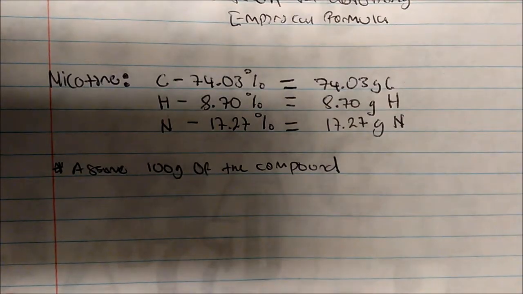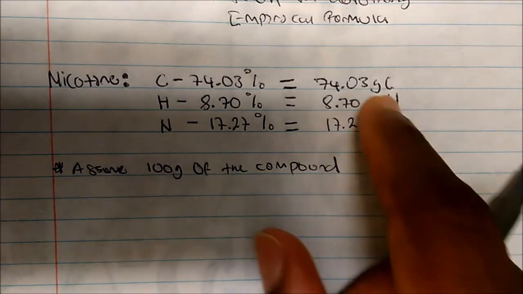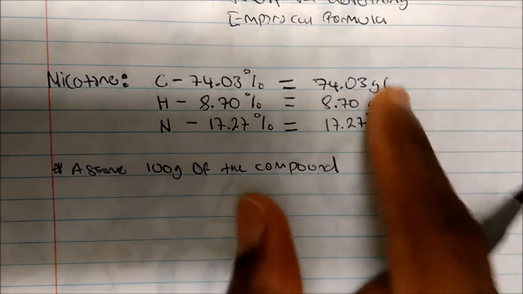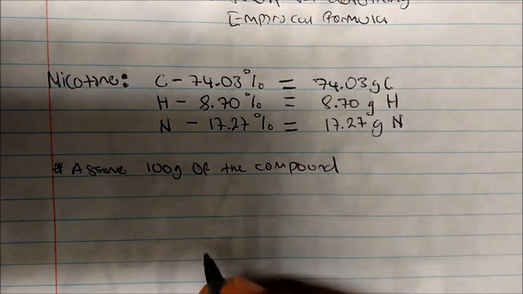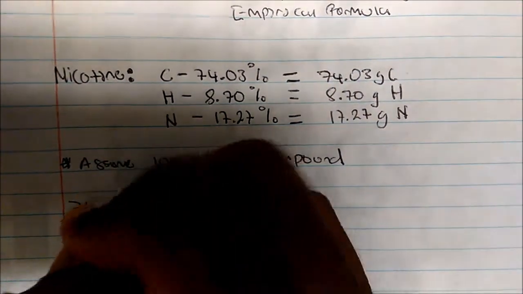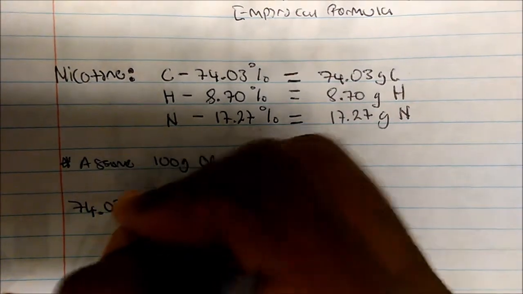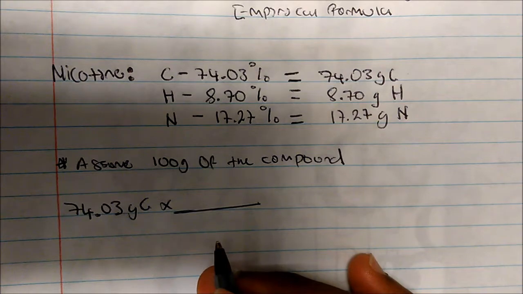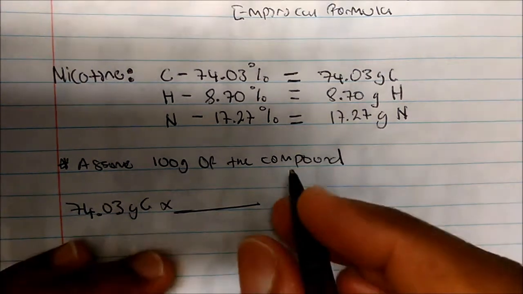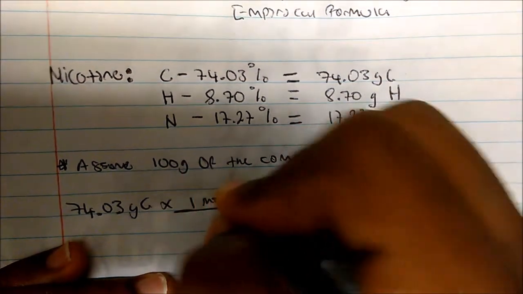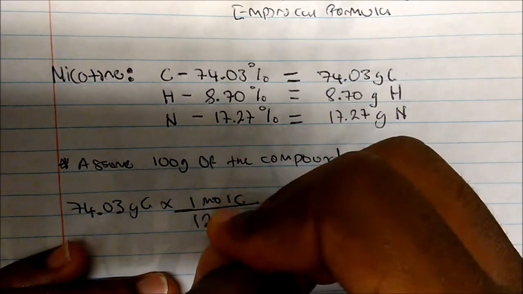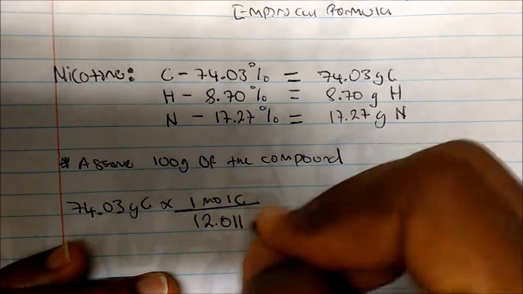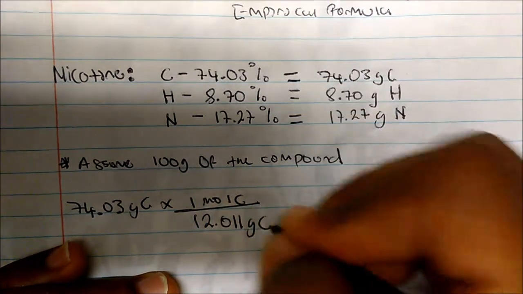Now, since we have the grams of the compound, we need to go to moles. If I start with carbon, I have 74.03 grams of carbon, and from the periodic table, we know that for every 1 mole of carbon, I get approximately 12.011 grams of carbon.